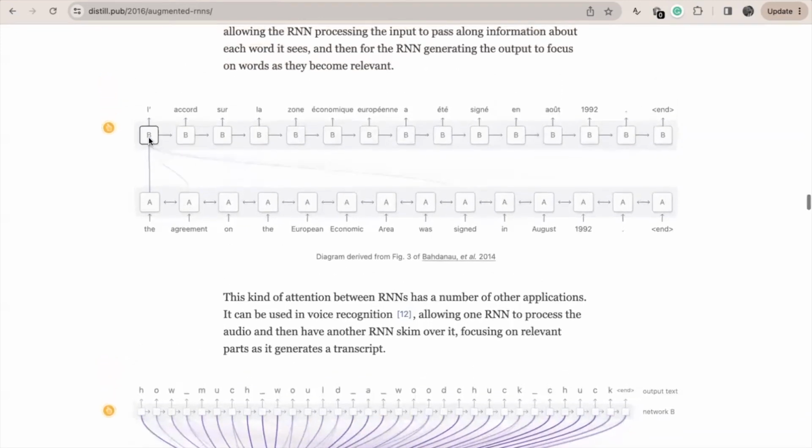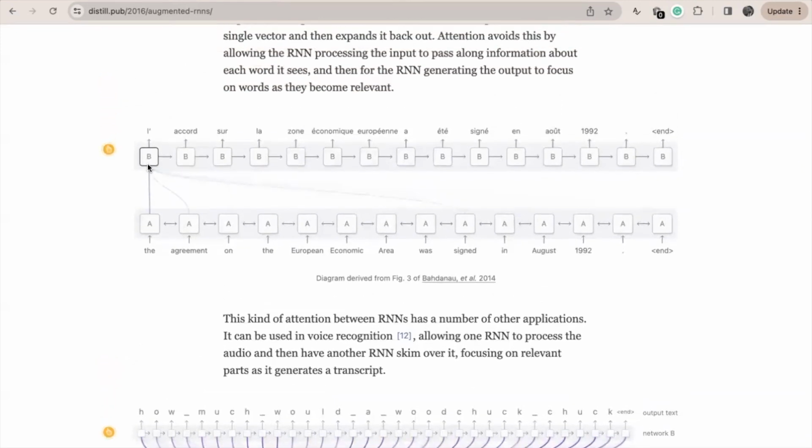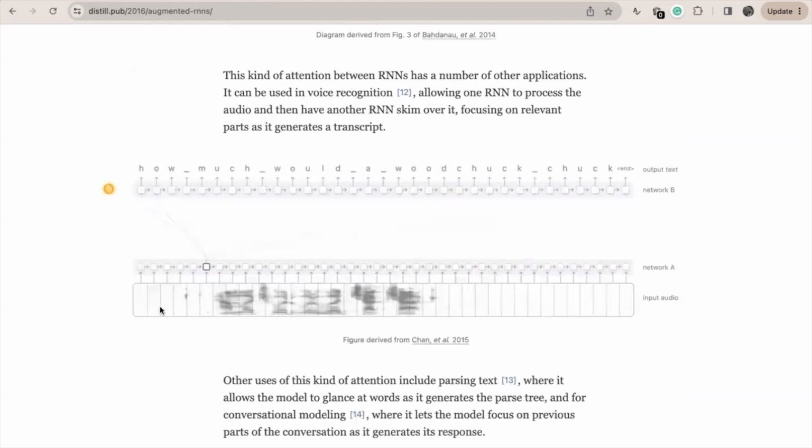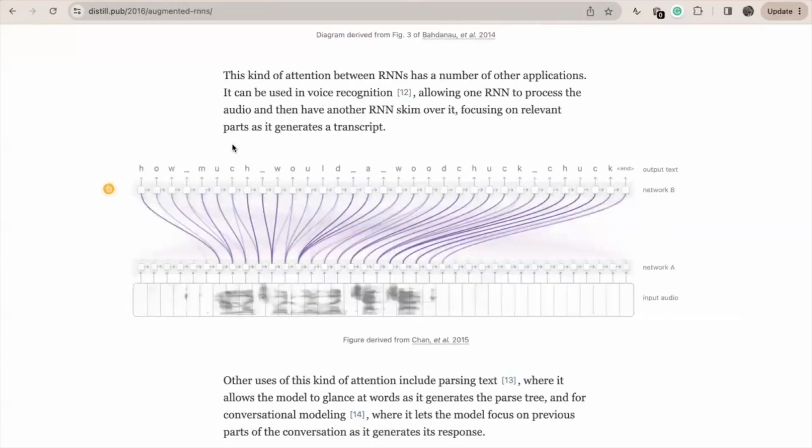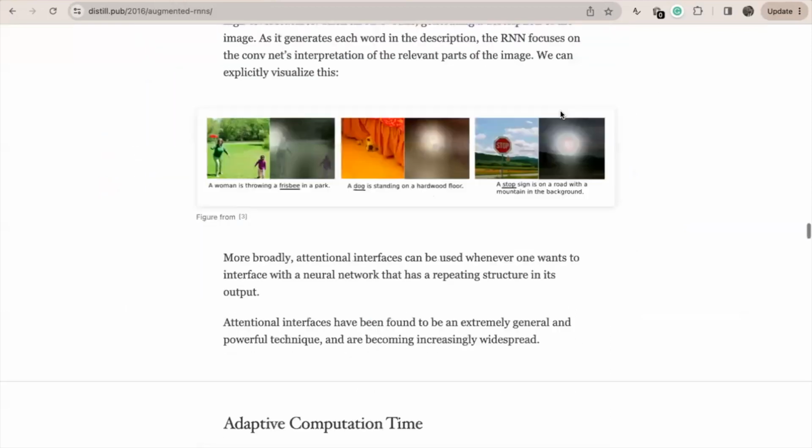Let's say we're looking at the French version of the same thing. We can see how each word here is related with the next word in the sentence. Similarly, it's an audio wave, and we're seeing how each waveform is related to the word that is represented in the output.